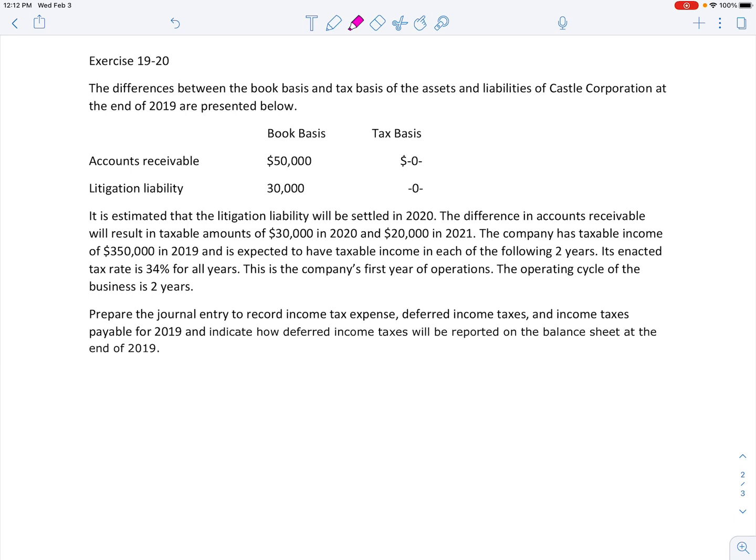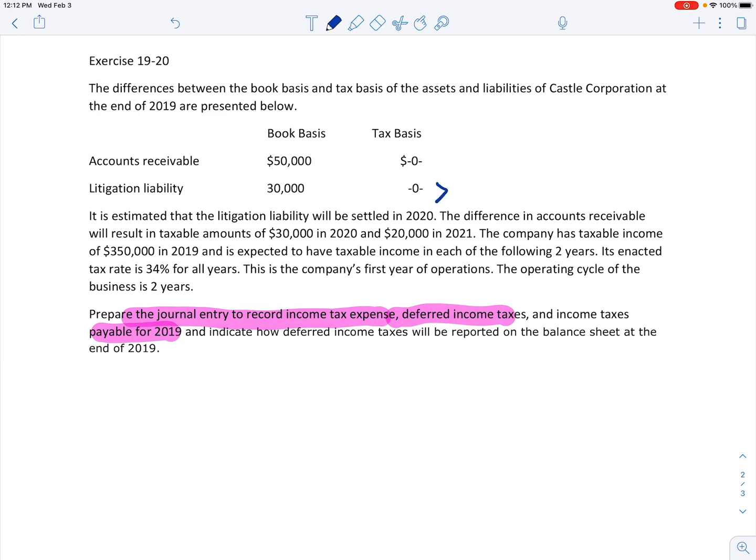And the first thing we want to do is prepare that journal entry to record the income tax expense, those deferrals, and the payable. So I can start by reading through and seeing that where we have a litigation liability, it's settled in 2020, which is the following year.